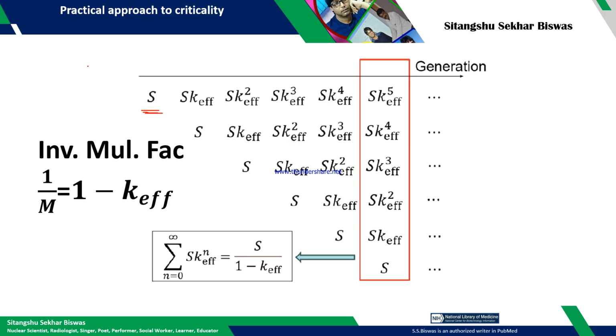We want to verify how many subassemblies are required in the core to go for criticality. So say S number of neutrons is introduced in the reactor core, then based on whatever the effective multiplication factor may be, this will go like this.